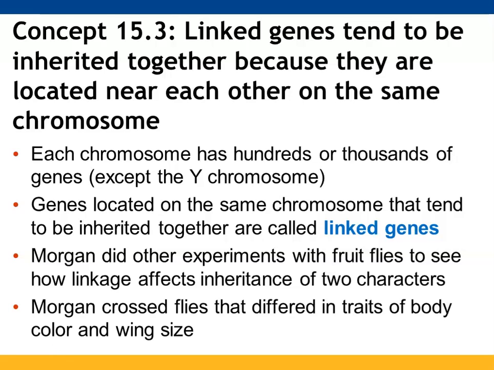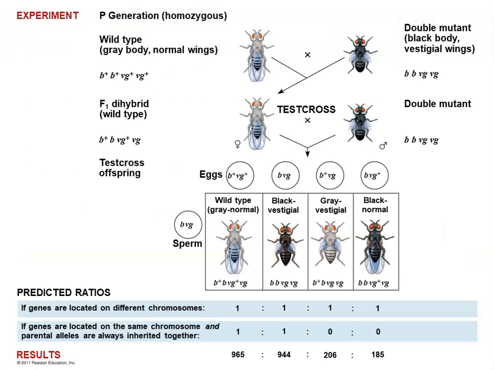And Morgan was able to provide some justification for this by looking at two characters on the same chromosome, body color and wing size, to see how they should be passed on to their offspring. So here we have a wild type for both traits, gray body, normal wings, that is crossed with a double mutant, black body, vestigial wings.